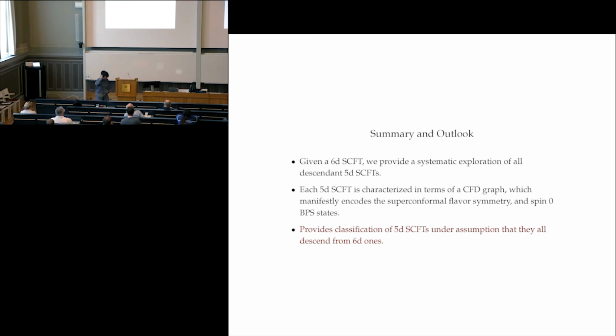If you're given a 6D SCFT, essentially in terms of some Calabi-Yau threefold in F-theory, this now seems to provide a systematic way of exploring all the descendant 5D SCFTs.